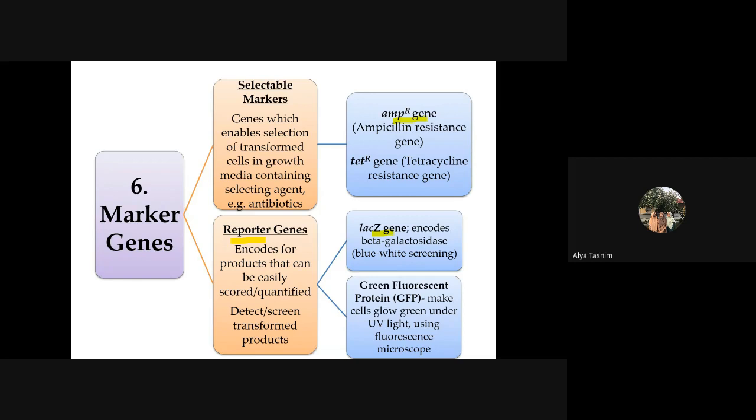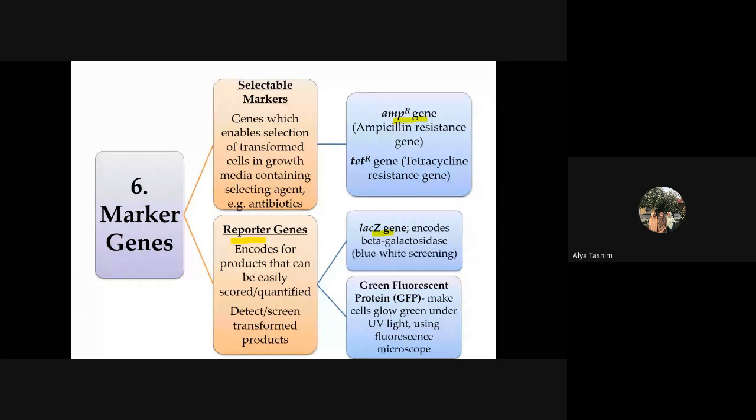Okay, kalau dalam E. coli ni dia akan ada like Z gene. Kita belajar hari tu kan like operon, right? So dalam like operon sequence ada restriction site of enzyme EcoR1. So EcoR1 bila dia cut like Z gene ni, the like Z gene will not be functional anymore and cannot produce the enzyme beta-galactosidase. Ingat hari kita belajar like operon, like Z gene will produce beta-galactosidase to hydrolyze, breakdown lactose into glucose and galactose.